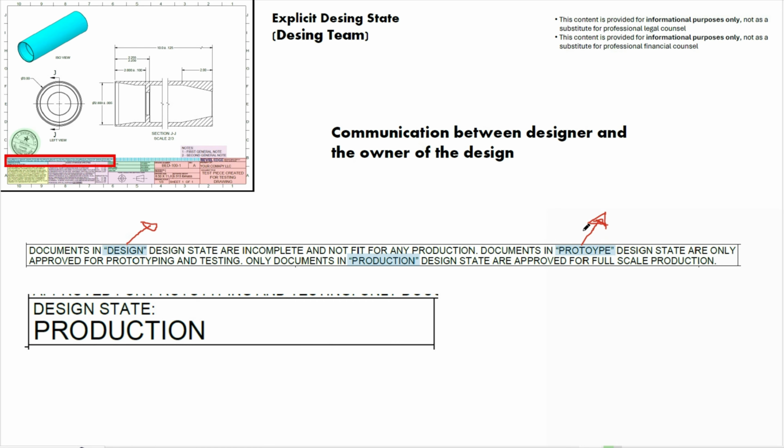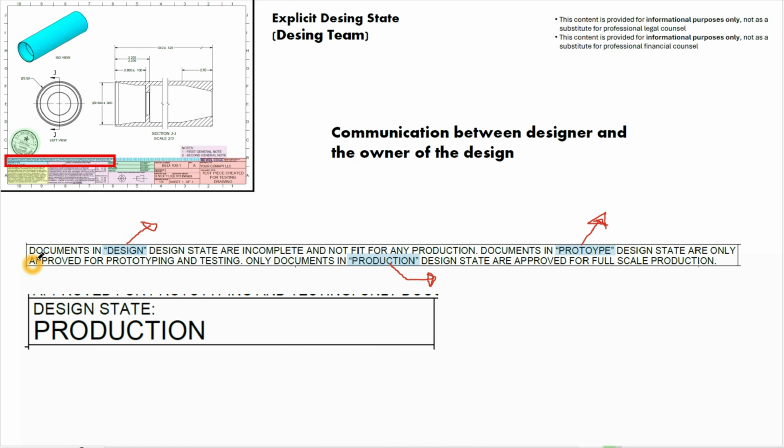However, a prototype drawing is not final and shouldn't be interpreted as such. The only drawing that's actually final is a drawing in production state. That means it has been approved and peer reviewed, and now mass manufacturing can begin, and the liability and the cost of the design can be shared with the people designing the product for you.